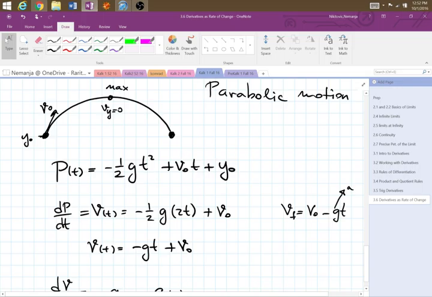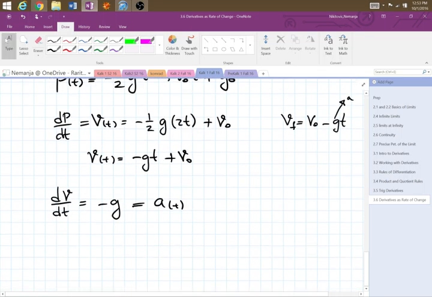Right? So then we just have 6 like that. Derivative of 6 is 0. Constant. So we have the velocity function. And once I have the velocity function, I can take derivative of the velocity function and get the acceleration function, which is this.